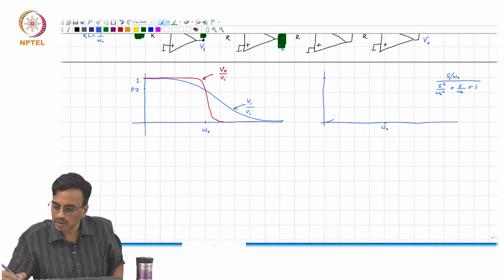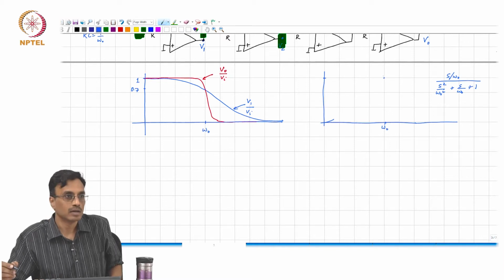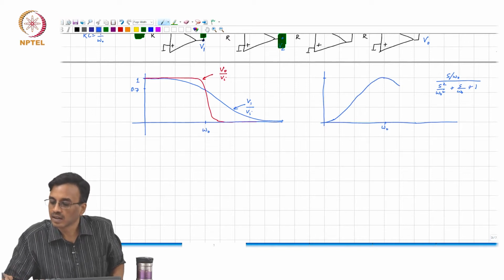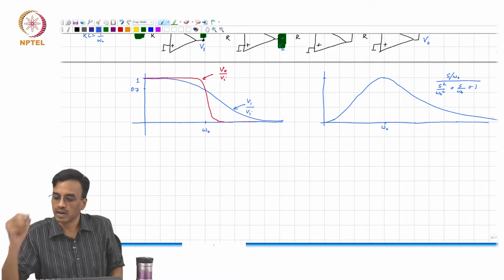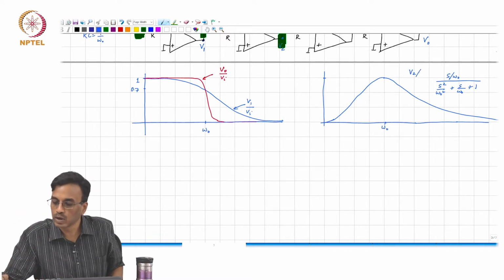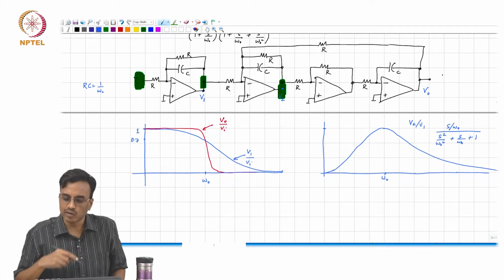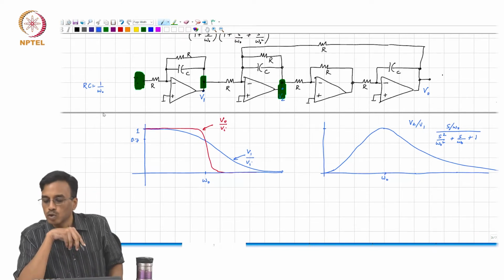So, it basically does something like this. At omega naught the gain is 1, and then it goes to 0 at infinity. This is nothing but V2 over V1, the band pass transfer function. But what I am interested in is not V2 over V1, but V2 over Vi. So, what comment do you think you can make?